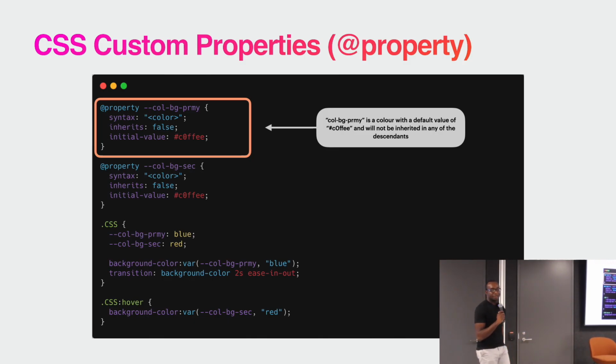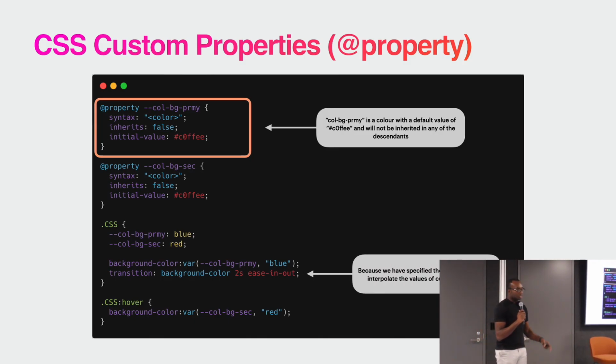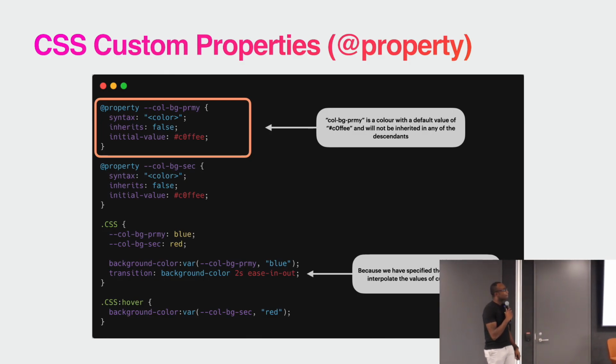The interesting thing here is that once we define our rule set here, the browser understands what the custom property itself is. By default, if we forget to define the rule, all custom properties are read as strings, meaning that the browser itself doesn't know how to properly parse it, meaning that we can't animate them.